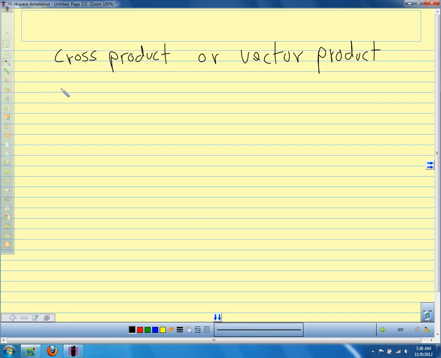So if we have our vector u is u1 i plus u2 j plus u3 k, and vector v is v1 i plus v2 j plus v3 k.